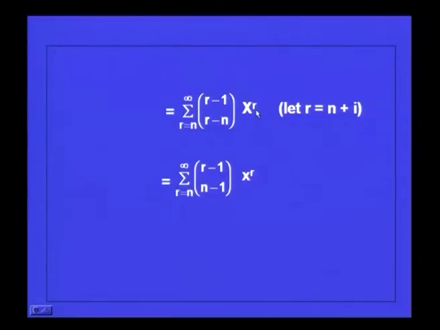Now, the coefficient of x power r, which is C(r-1, r-n), you can also rewrite in this way, because C(n, r) is equal to C(n, n-r). You can rewrite this expression like this.